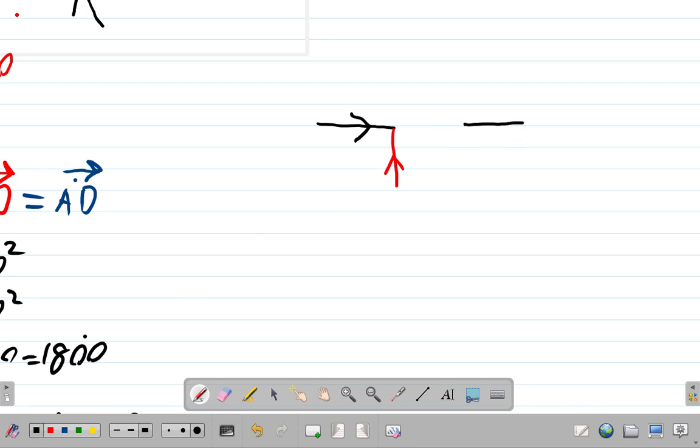We must move one vector. So instead of touching each other at the head or at the tail, the head of one touches the tail of the other. Then you form the triangle to get the resultant.